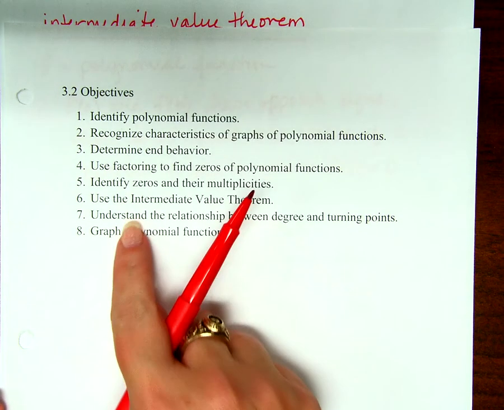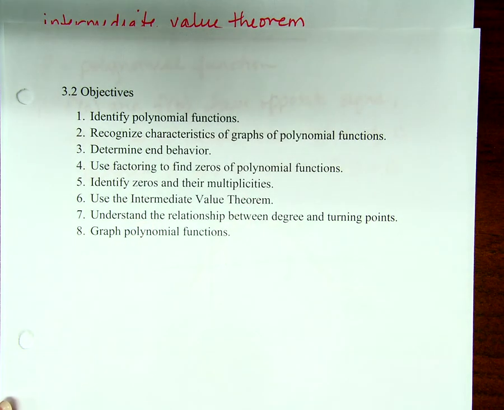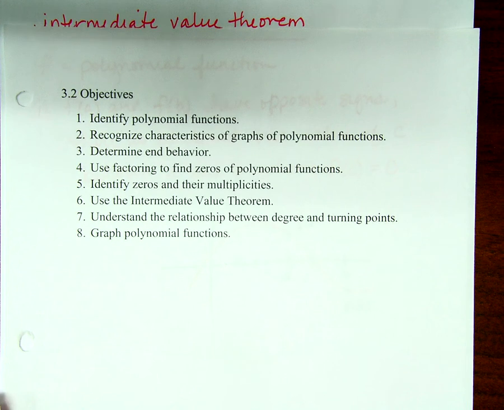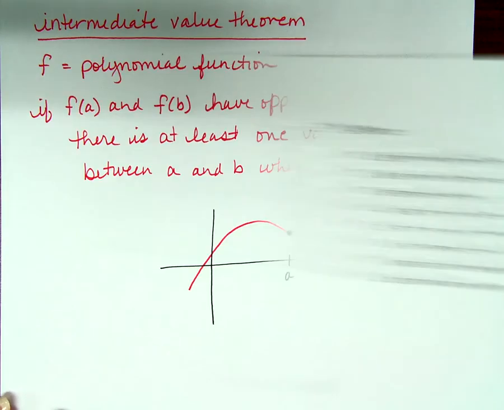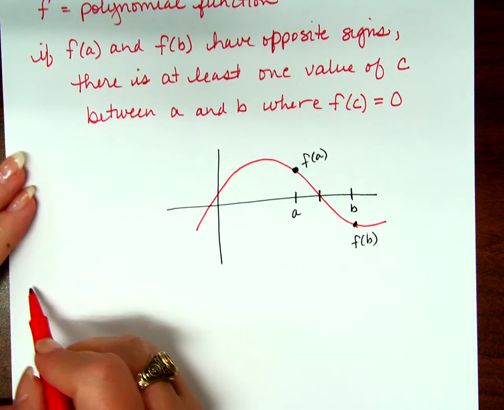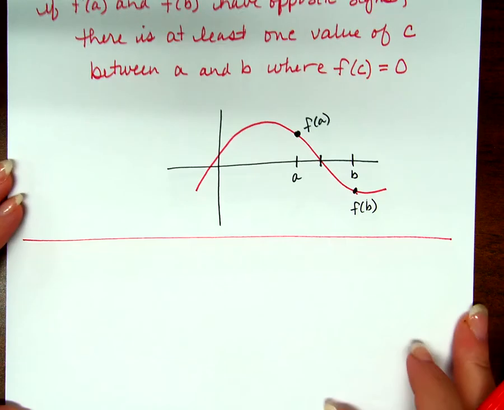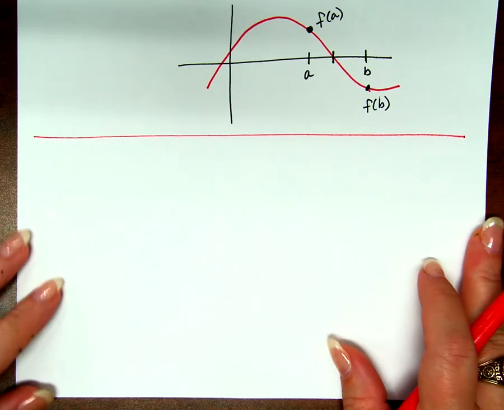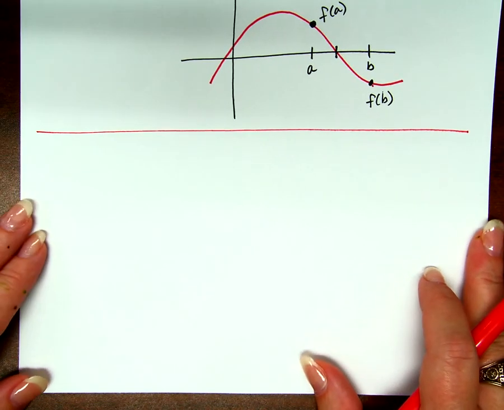Okay, last two. We're going to work on these two together. Understand the relationship between the degree and the turning points, and graphing polynomial functions. Graphing polynomial functions, on the face of it, is pretty simple because you just literally turn your calculator on and hit graph, right? But we want to be a little bit more intelligent about graphing polynomial functions than just using our calculators. We want to know what's going on beforehand.